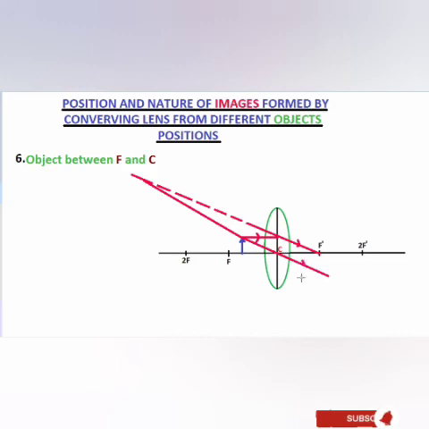Indicate my arrows. Now the rays, I'll break the rays too because they are not real but imaginary.